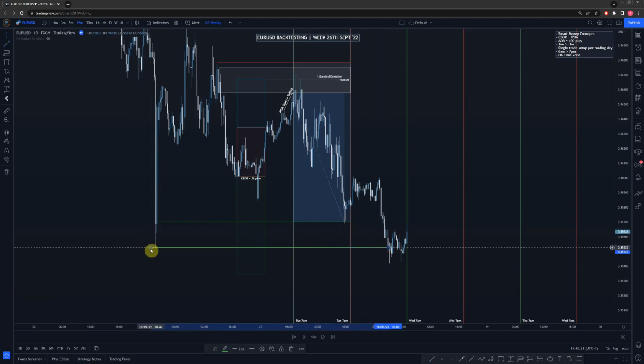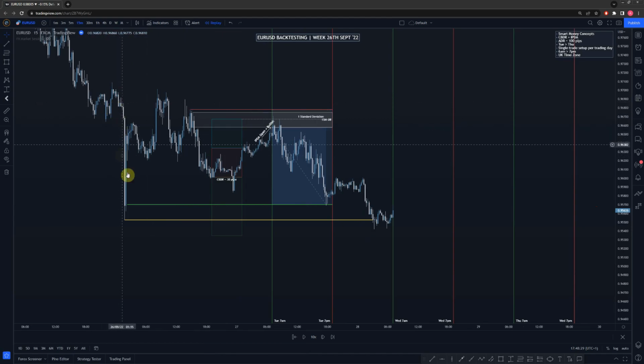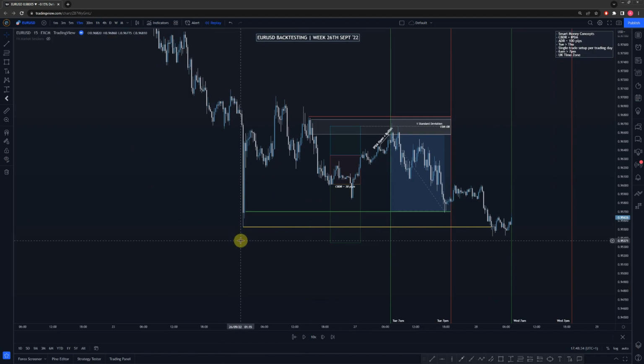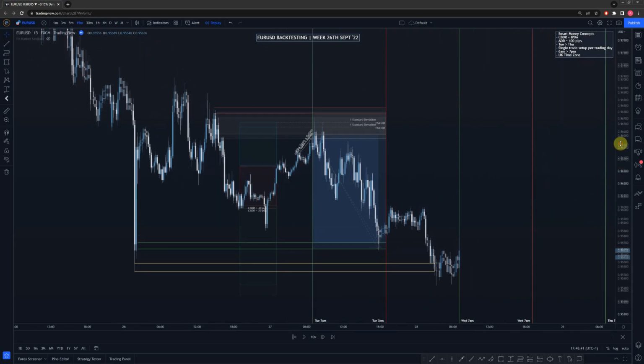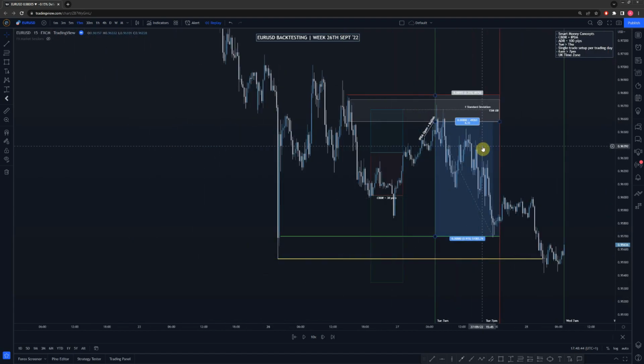And the reason I'm marking this low out specifically is because you can see that is a very big impulse to the downside. Huge impulse, and straight after the impulse, price instantly traded back up again, efficiently pricing in the market. And when you have big movements like that, a lot of market liquidity gets left behind.